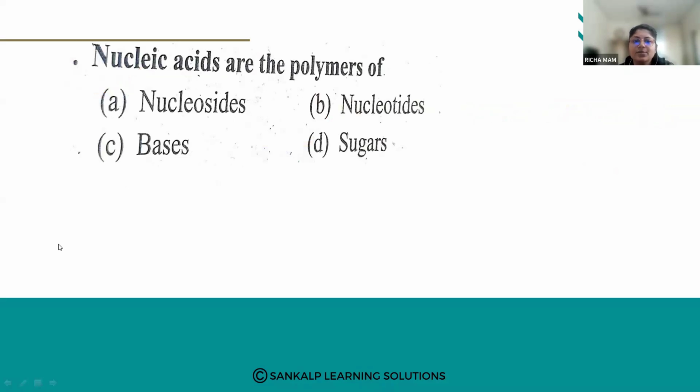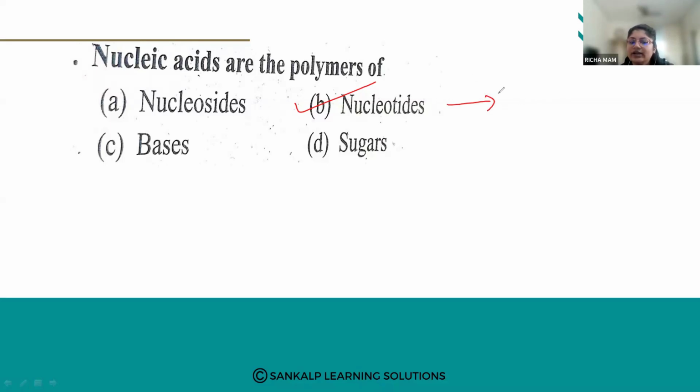Nucleic acids are the polymers of nucleosides, nucleotide bases, or sugars? Nucleic acids are polymers of nucleotides. These nucleotides are the fundamental units that make up nucleic acids like DNA and RNA.